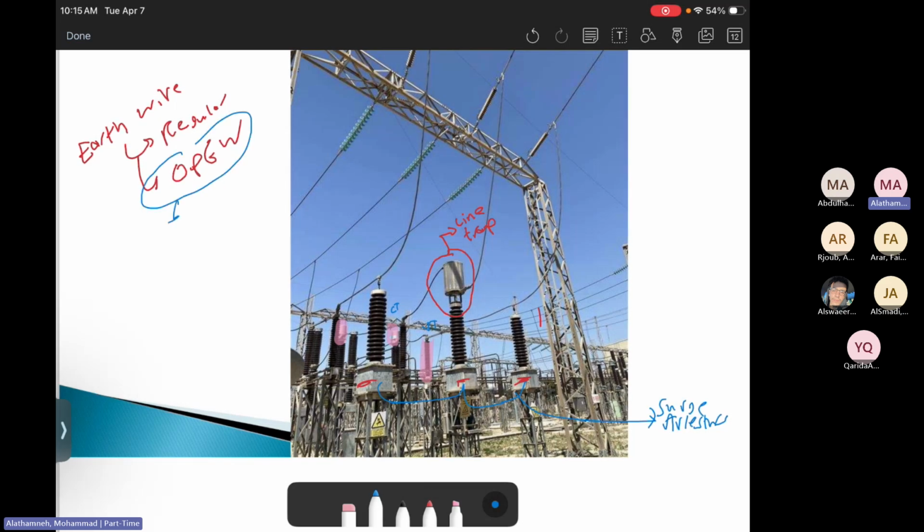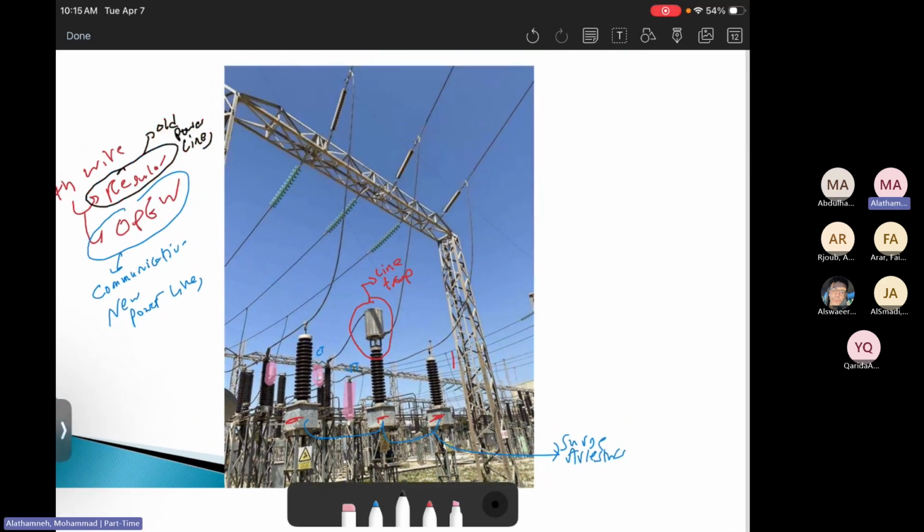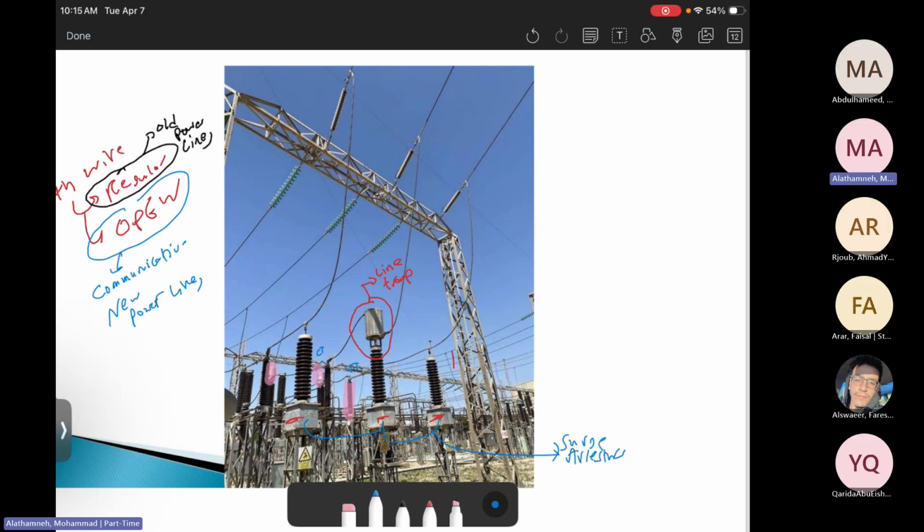We said OPGW is used for communication and it is used in new power lines, while the regular one was on old power lines. So now the question is, in old power lines, what was the communication channel, since there is no OPGW and no fiber optics? We use the power line for communication.